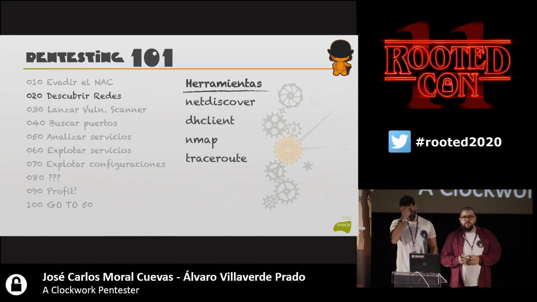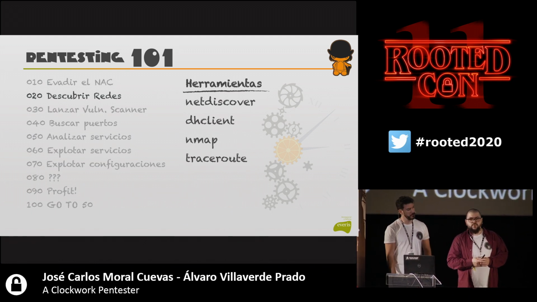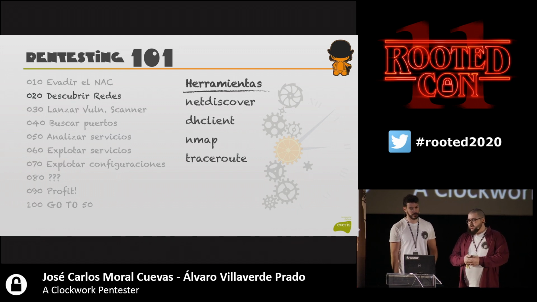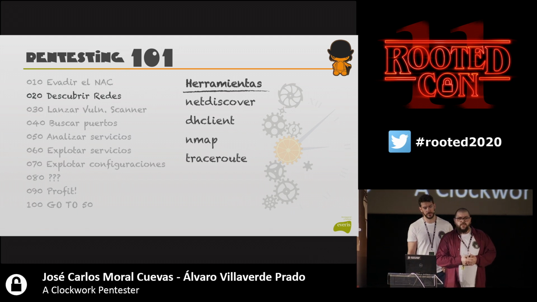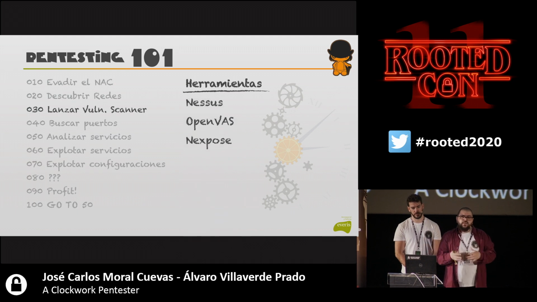Once we have gained access to the network because we have bypassed the NAC or any other, we will move on to use NetDiscover, smbclient, Nmap and traceroute. We will try to find other networks.